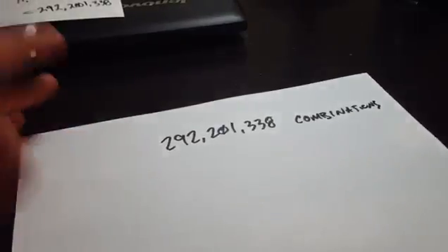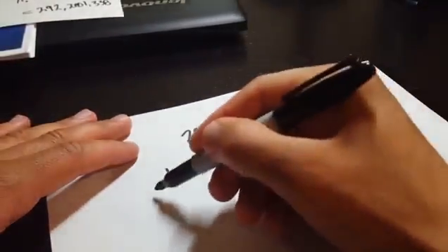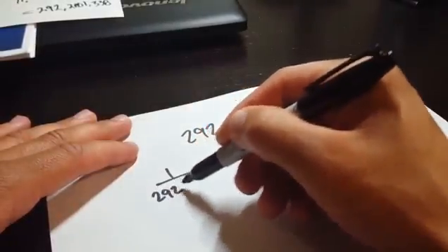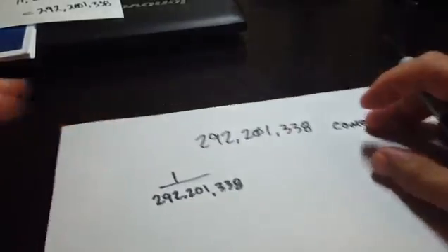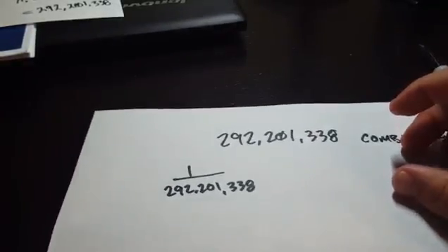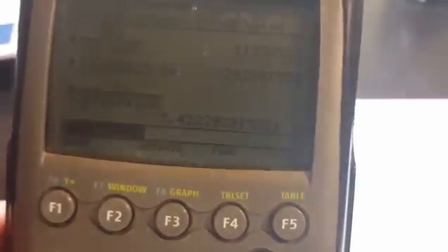Now, to get your actual odds, you would write it like this: 1 over 292,201,338. This is going to be essentially 0, right? So I can take 1 divided by that answer. I don't know if you could see this number. It's going to be 3.42, but that's e to the negative 9.